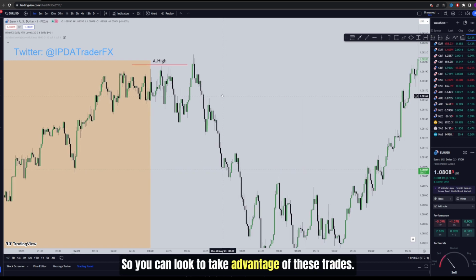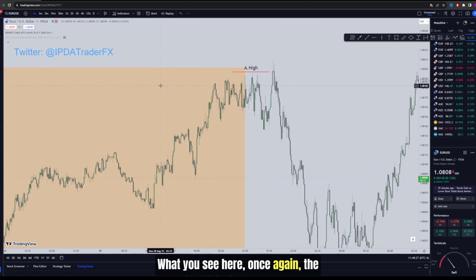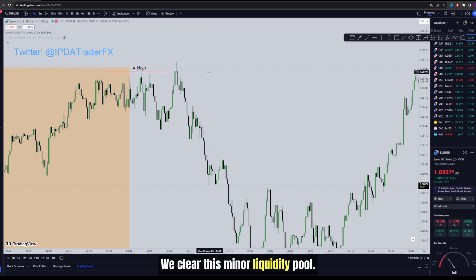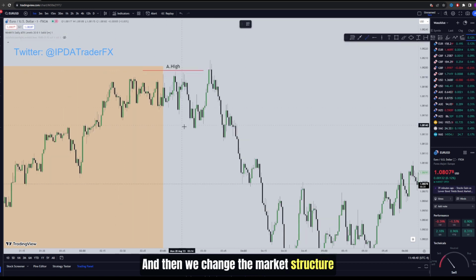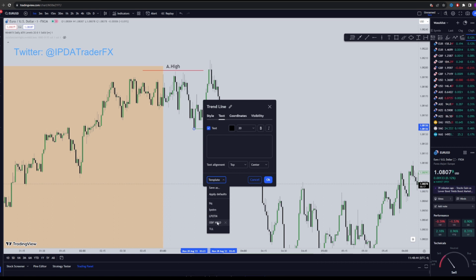So you can look to take advantage of these trades. What you see here, once again, is the Asian session high sitting here. We unravel, we change the state of delivery, right? We clear this minor liquidity pool, and then we change the market structure right here with this break lower.